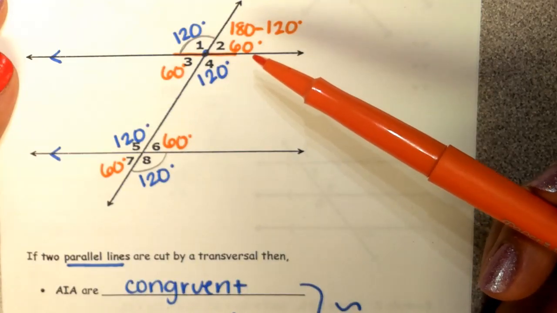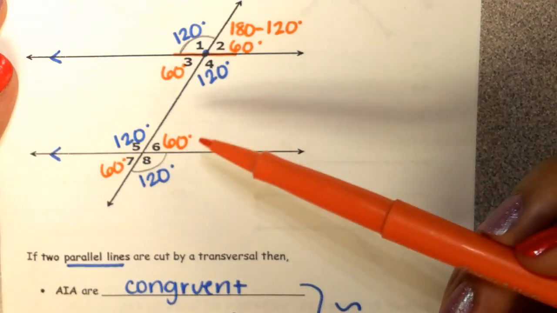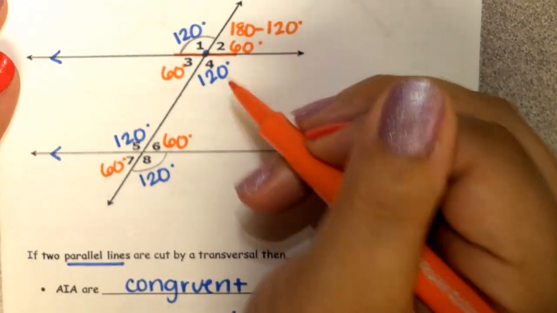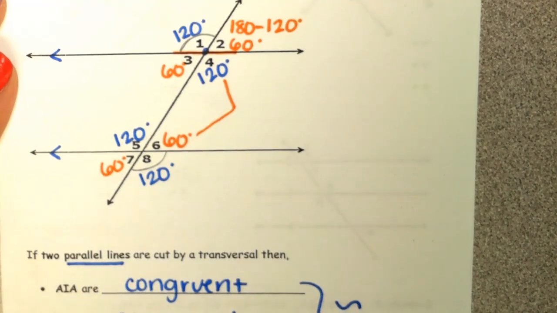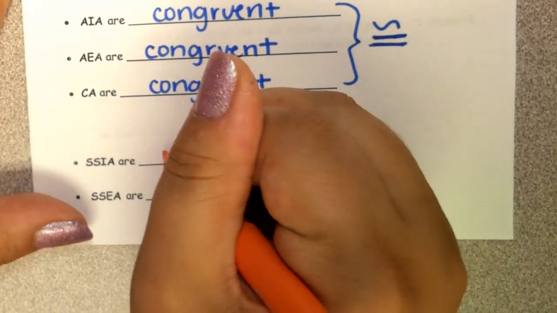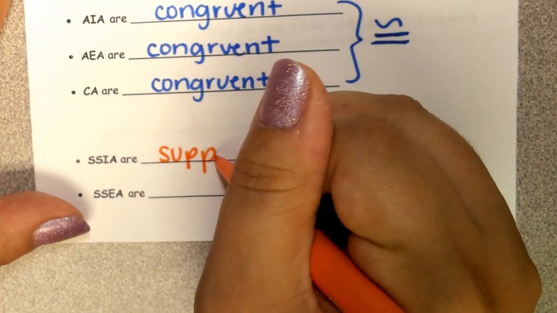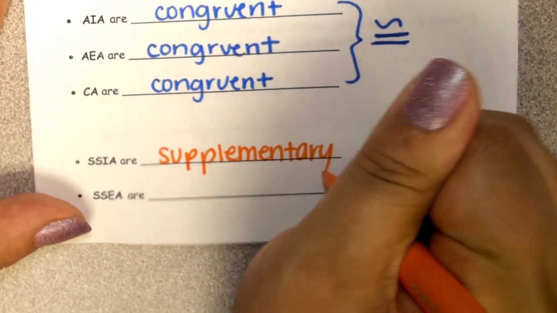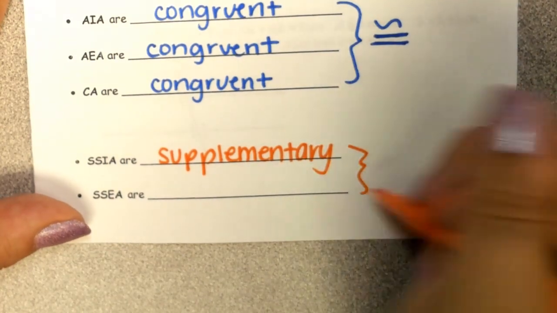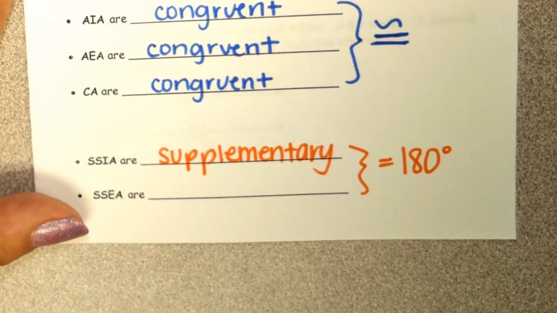What about same side interior angles? Angles that are on the same side inside. They're not the same. They're not congruent. What are they? Supplementary. What does supplementary mean? They're 180. So same side interior angles are supplementary. And what does supplementary mean? They equal 180 degrees.